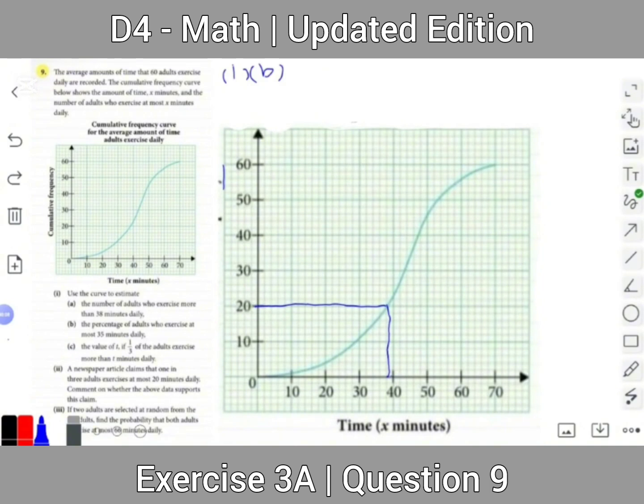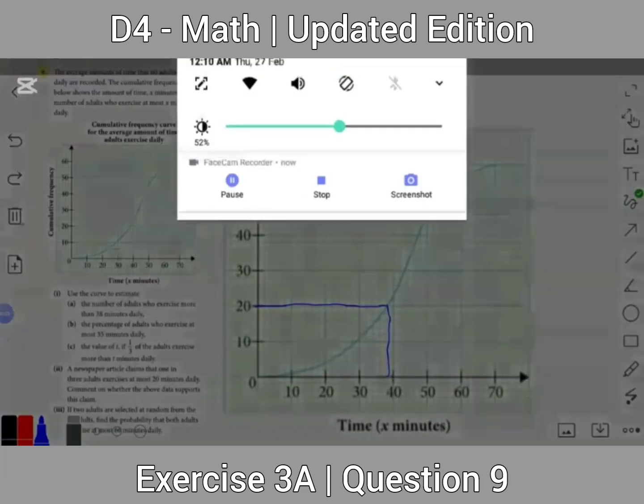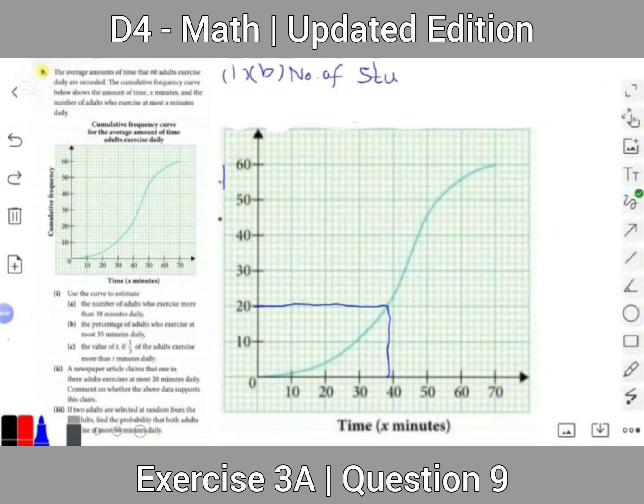But first we have to find out the number of students who exercise at most 35 minutes daily.